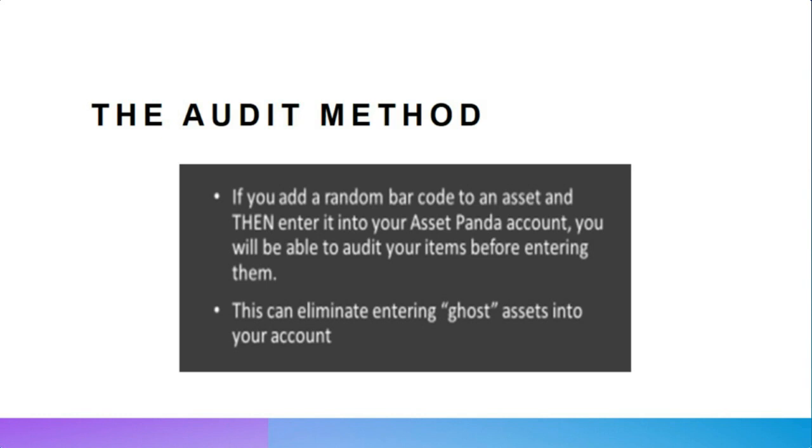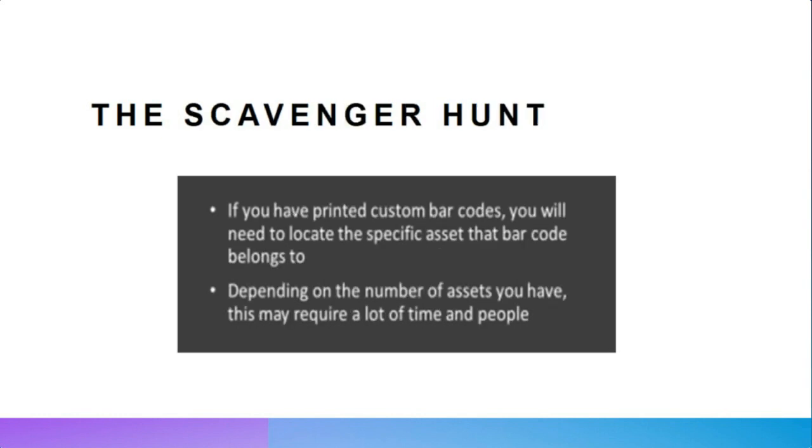Okay, the next one is what we call scavenger hunt. So this one is, I have printed custom barcodes, maybe from a third party, which Asset Panda does read, as long as they're not proprietary barcodes. So any standard barcode that you've generated or maybe ordered, you've printed those.